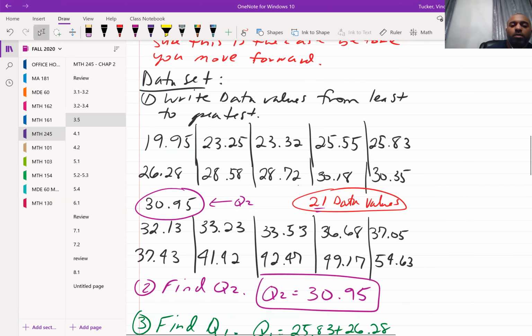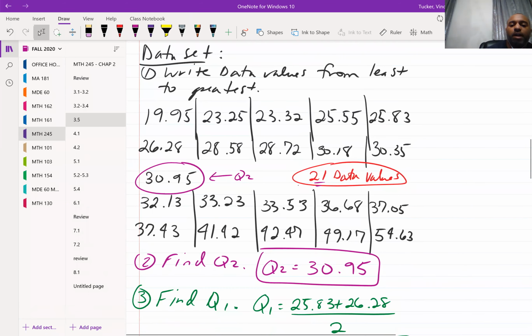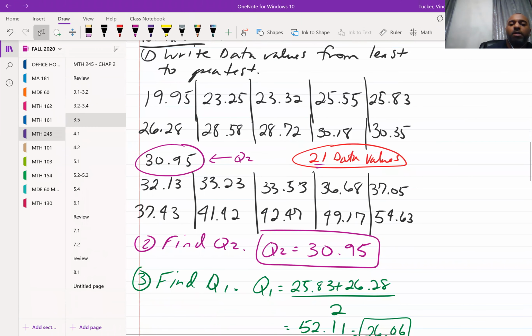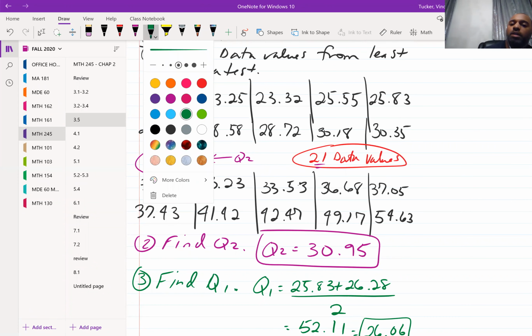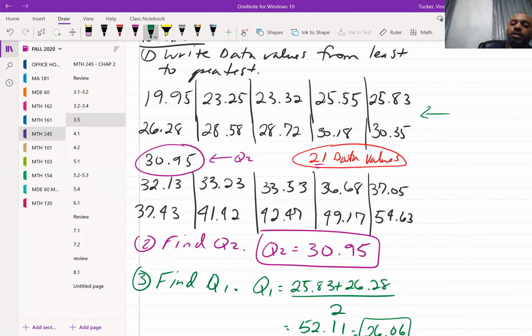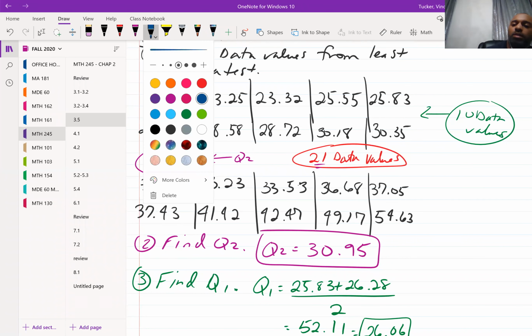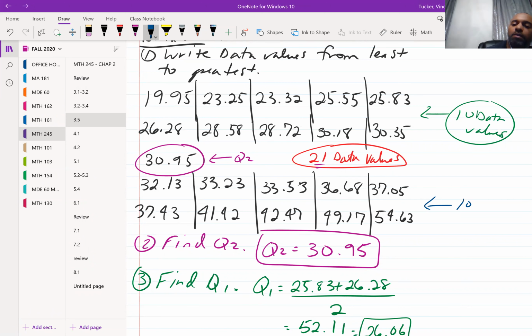Okay, so the next move is to find Q1. There are 21 data values altogether. We already established that our middle value is Q2. So that means we have 10 data values here, and then 10 data values down here.